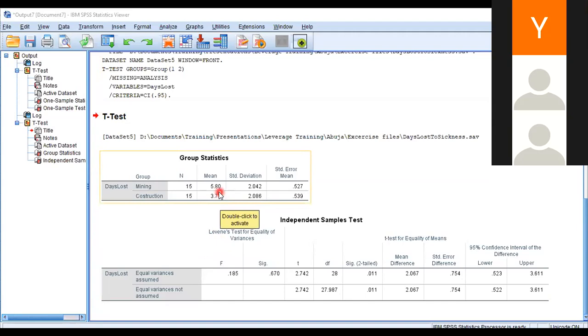You see mean 5.8, that's what we calculated for mining. 3.73, that's what we calculated for construction. These are their standard deviations you calculated. You can calculate their standard error by dividing by the square root of the sample size. The standard deviation divided by the square root of 15 will give you this standard error.